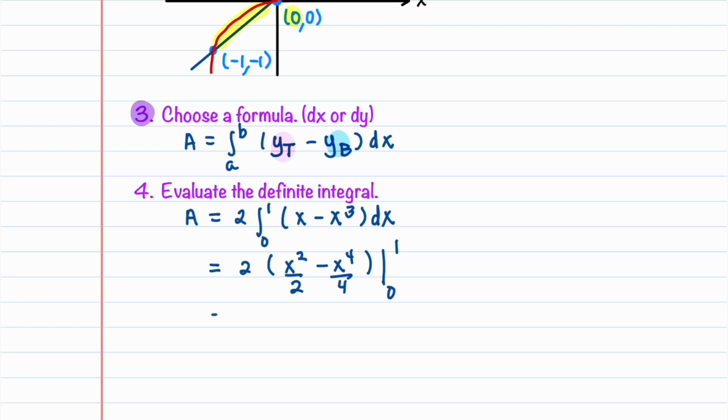This gives us 2 times 1/2 minus 1/4 minus 0. So this is 2 times 1/4, and this gives us a value of 1/2. And this tells us that the area between these two curves is equal to 1/2.